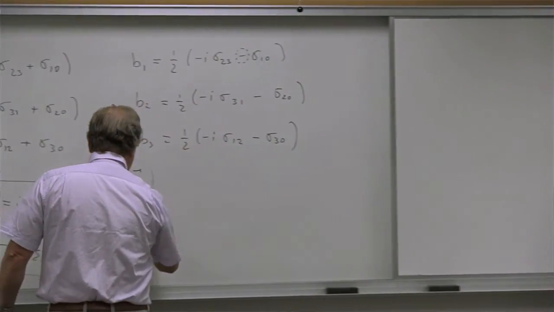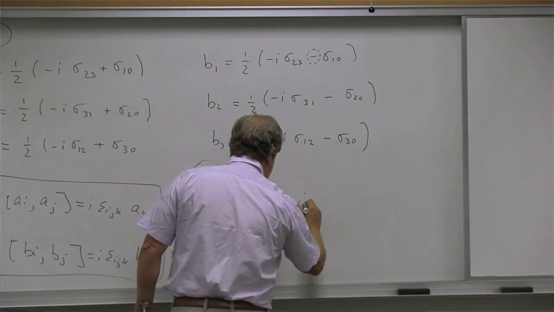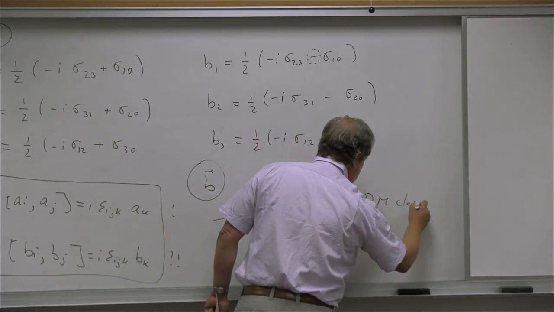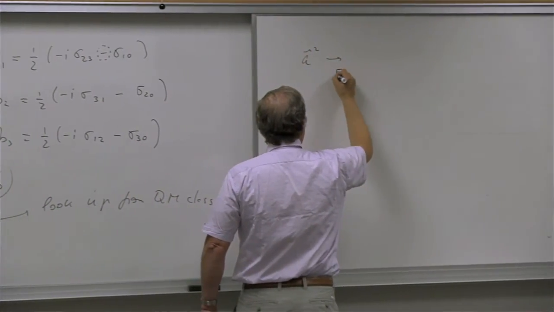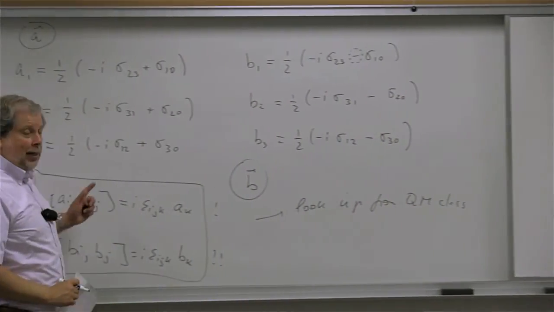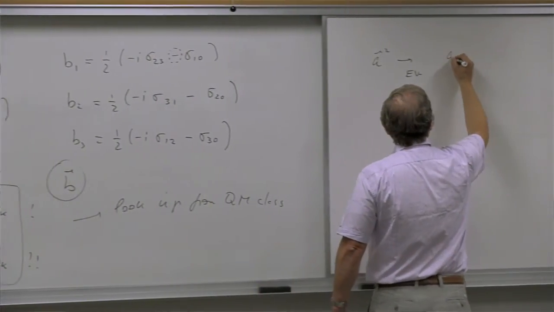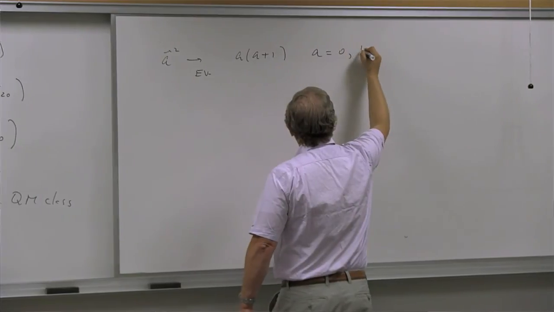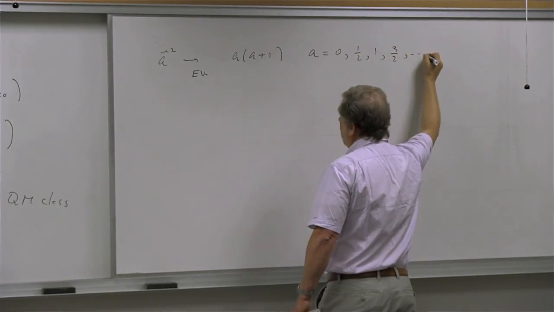So we can look these up from quantum mechanics class. And so that means that A squared has eigenvalues. What are the eigenvalues of A squared? Well, because the algebra is exactly the same as the angular momentum, the eigenvalues are A times A plus 1, with A equals 0, 1/2, 1, 3/2, and so on.